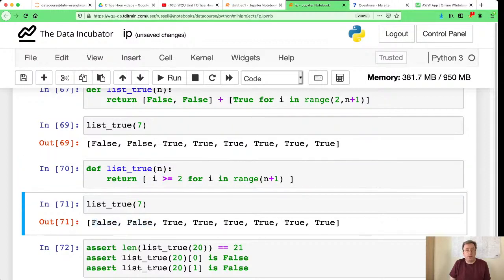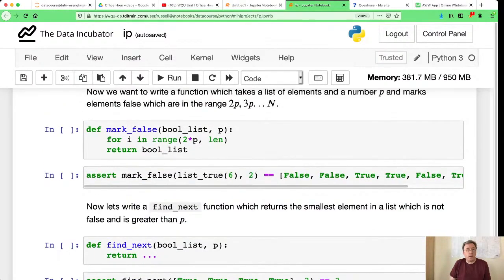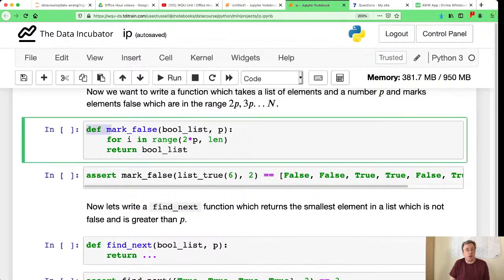And then indices 2, 3, 4, 5, 6, and 7 are true, because you want to include up to index 7. We're going to finish this mark false here tomorrow because, well, we're out of time.